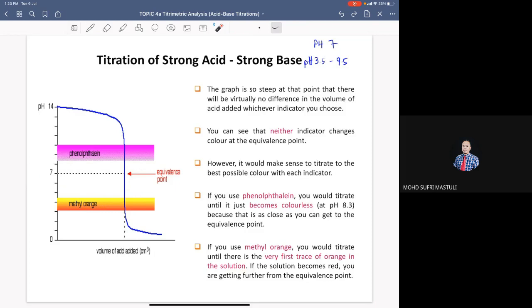This can happen at about pH 4 or 5. If the solution becomes red, you are getting further from the equivalence point. Meaning that if the solution is very dark orange, it is very far from the equivalence point. All right.